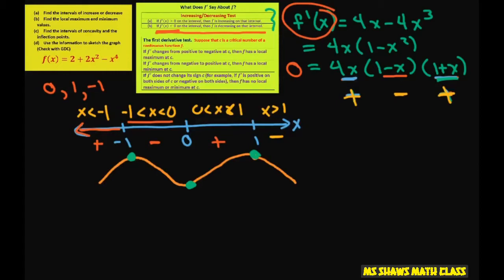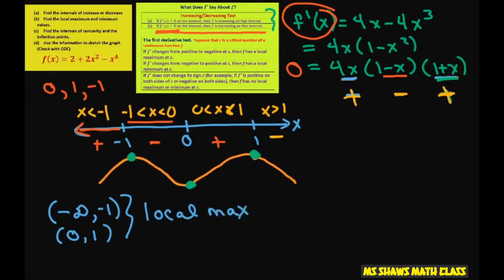Therefore, we're going to write this out. On the intervals from negative infinity to negative 1 and from 0 to 1 it is increasing. We have 2 local maxes, and they occur at f of negative 1 equals 3, and f of 1 equals 3 as well.